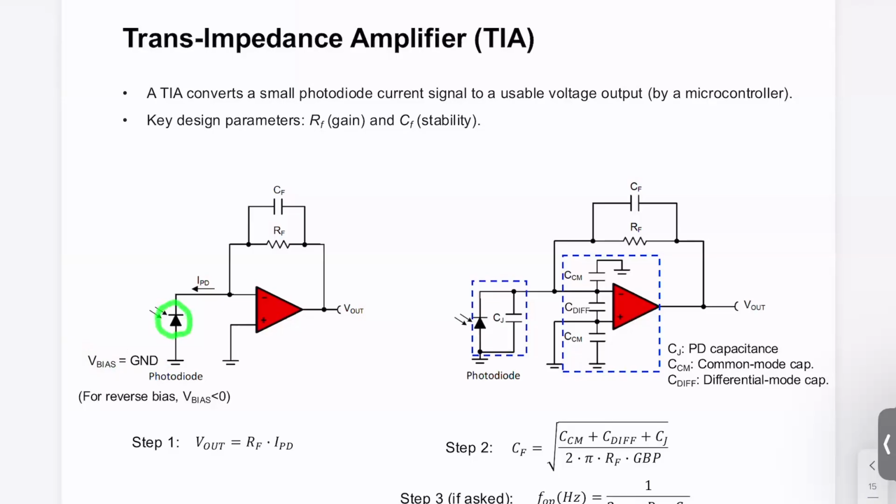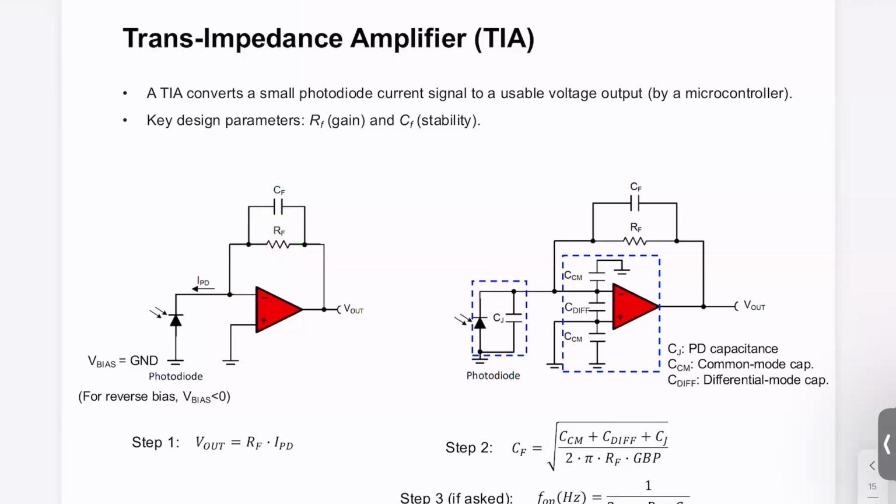Then the cathode of this photodiode is connected to the inverting terminal of the op-amp. Then the non-inverting terminal of the op-amp is connected to ground. So between your inverting terminal and your output, we have a resistor and a capacitor.